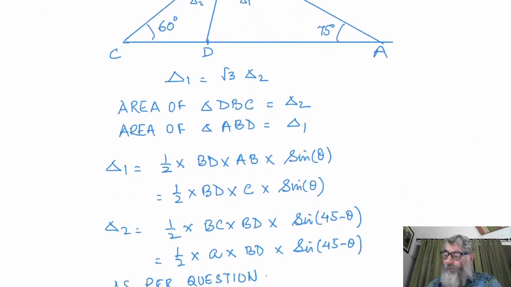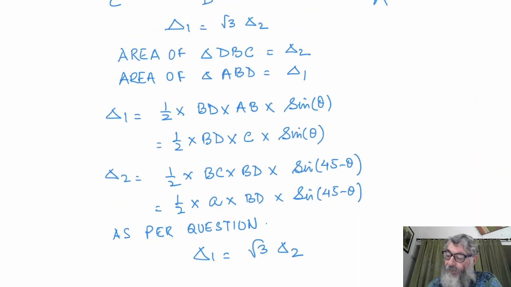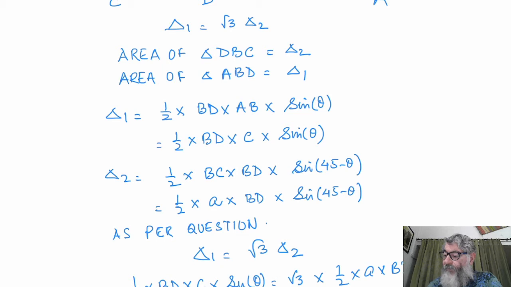So delta 1 is half into BD into C into sine theta, equal to root 3 times delta 2, which is half into A into BD into sine 45 minus theta.